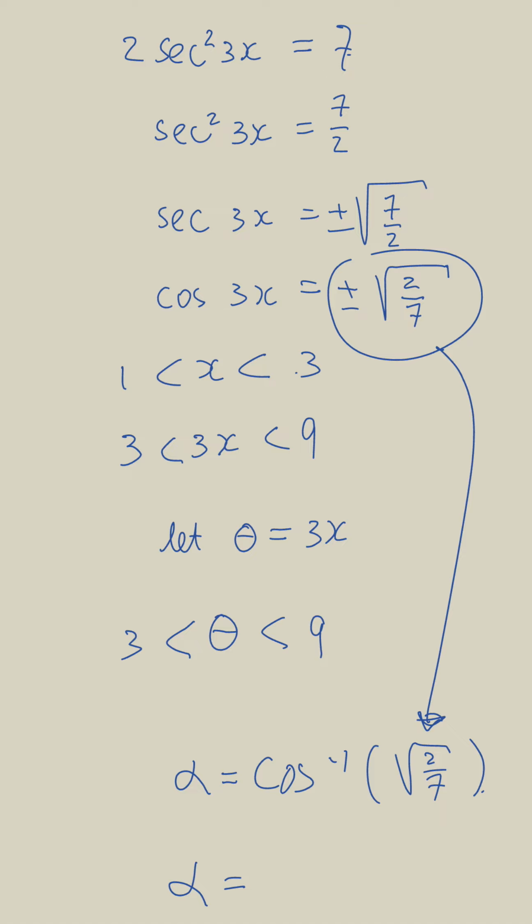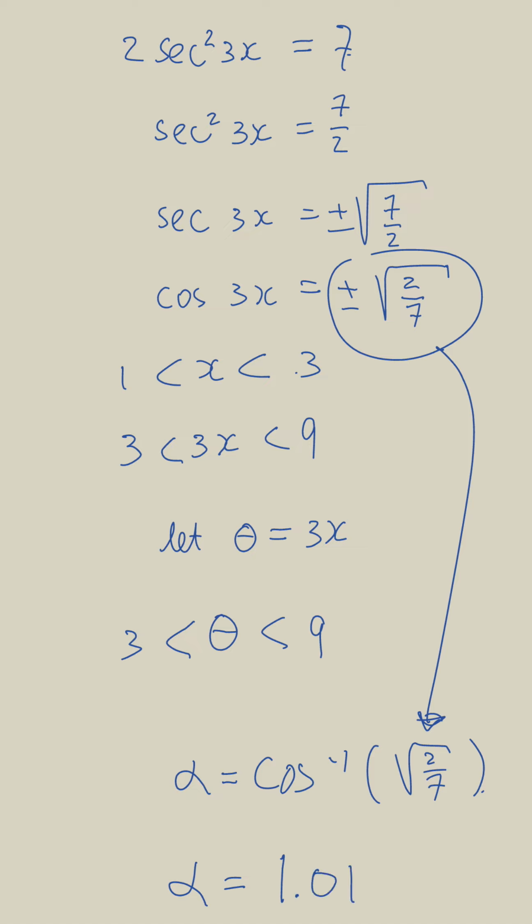Then, shall we calculate the values of alpha? We press inverse cosine square root 2 over 7. Then close the bracket. Then you will get 1.01 radian. Yeah, is in radian mode.